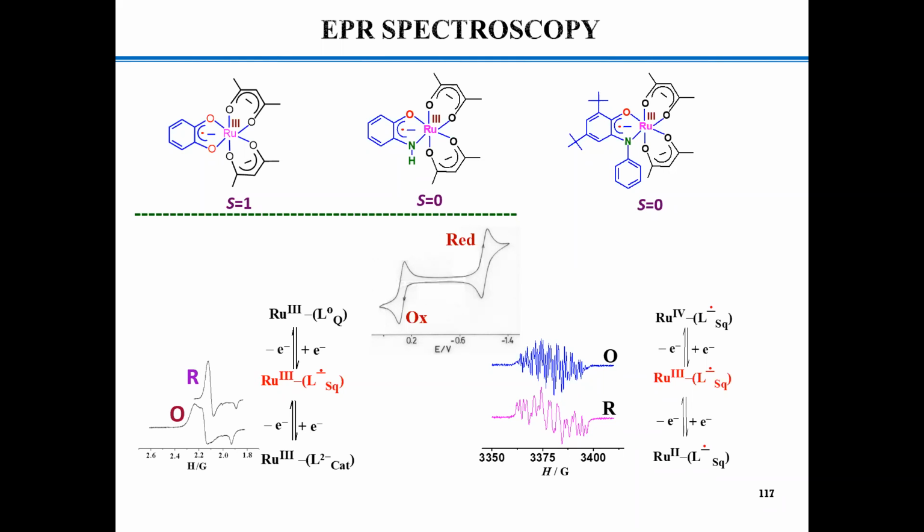If it slightly varies here and there, then your whole set of parameters would change. Then we have shown that in this particular case, one electron oxidation or electron reduction takes place at the ligand site. Okay, that could be understood quite well by using EPR.